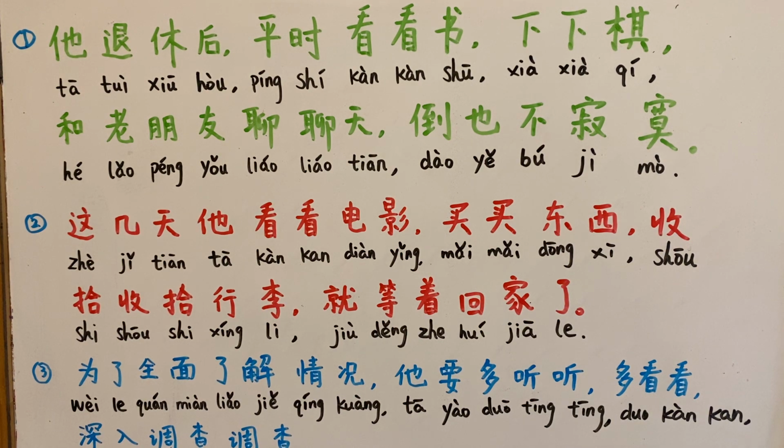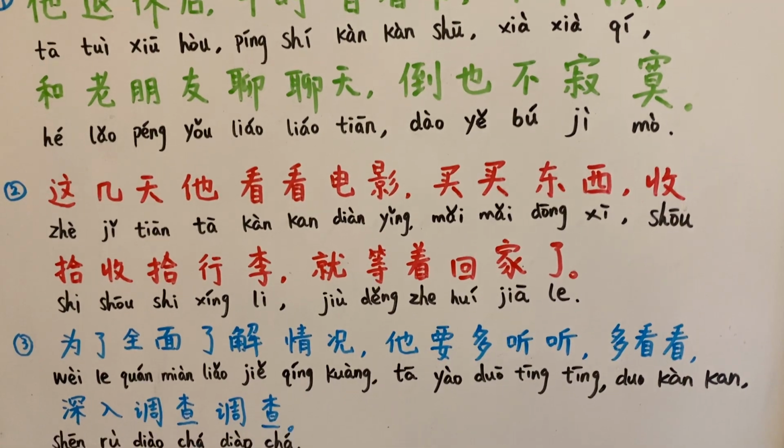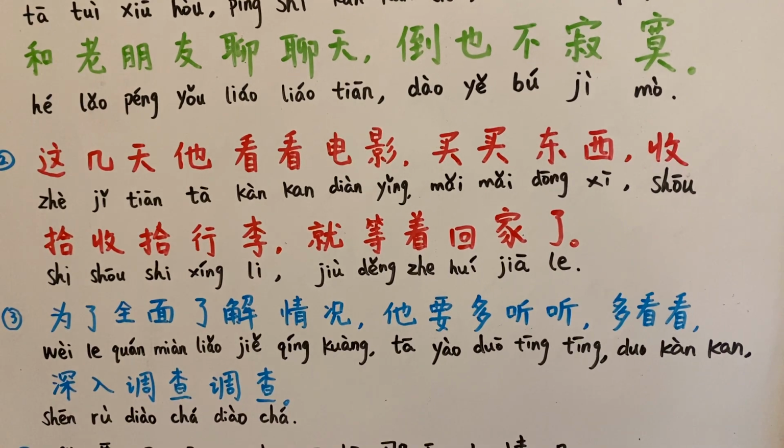The action won't take very long. But if you want to use this verb reduplication to express an action that might take a long period of time, what can you do about that? That is the question.